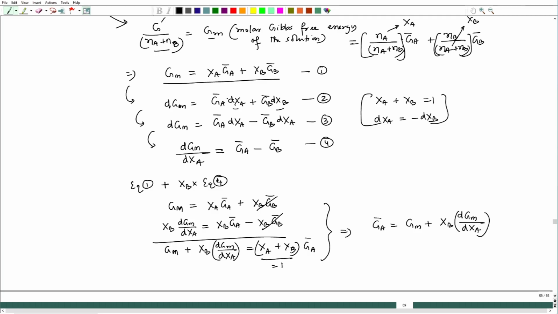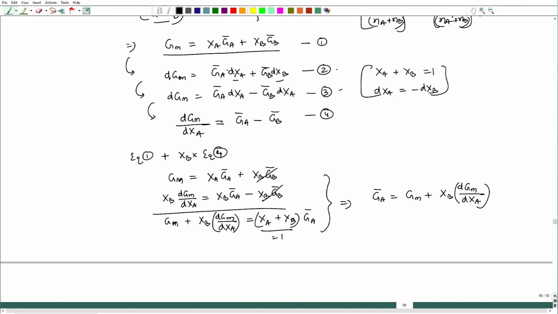Now, another equation can be drawn if we take equation 3, or rather equation 2, let us treat that also.